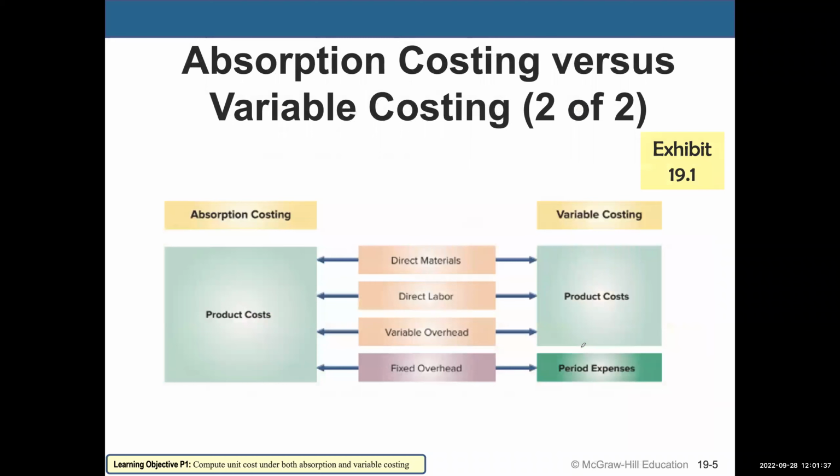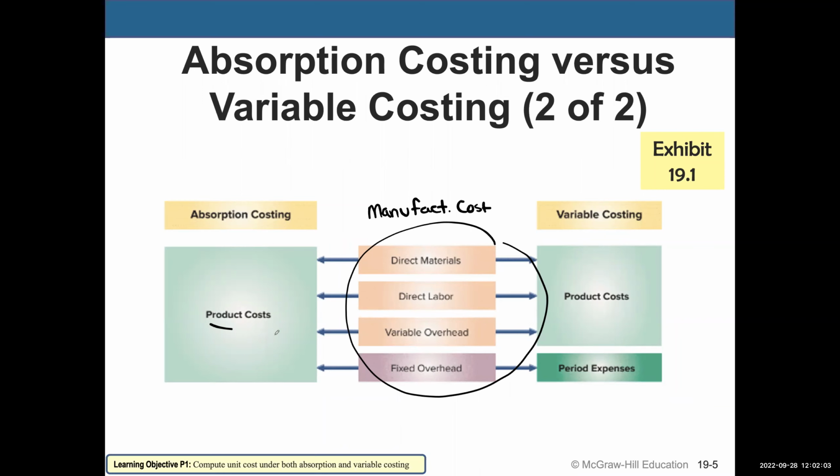This is just a nice picture of all the costs that could be incurred at a company and how they're treated under the two methods. Okay, sorry, these are not all the costs. These are just the manufacturing costs. Absorption costing absorbs all manufacturing costs. We could label this manufacturing costs. I'm going to abbreviate.